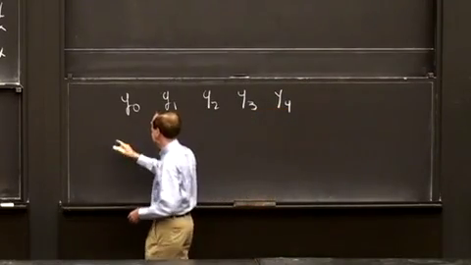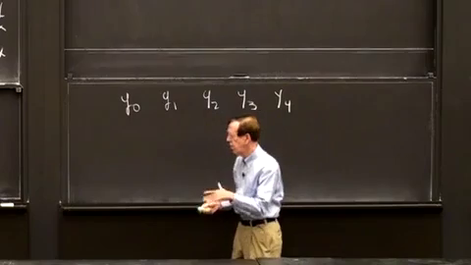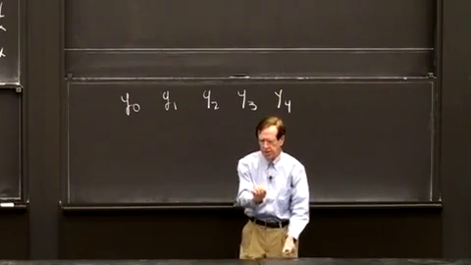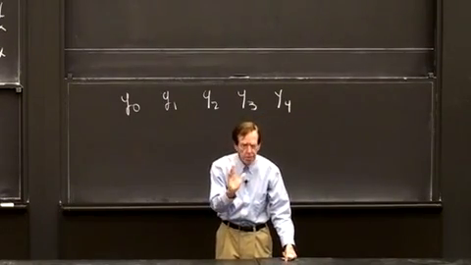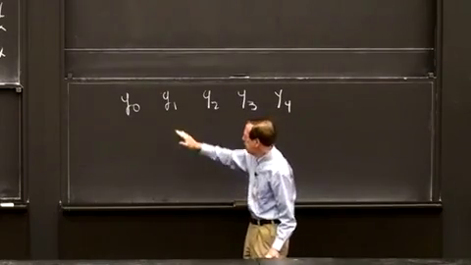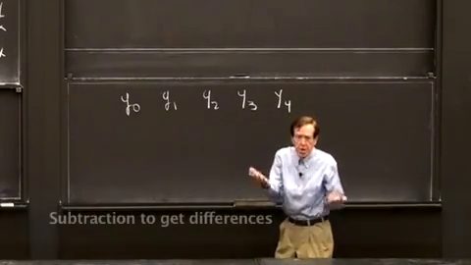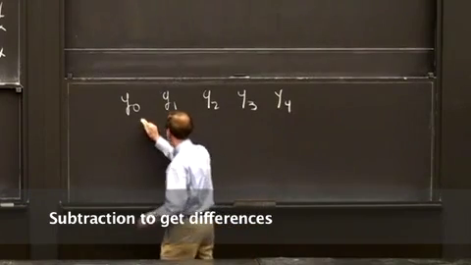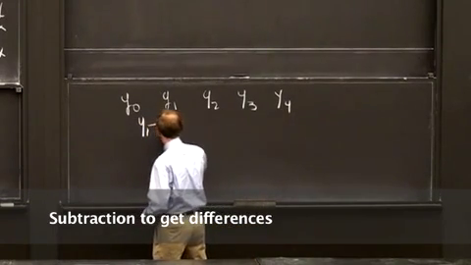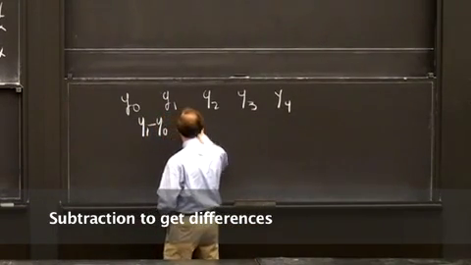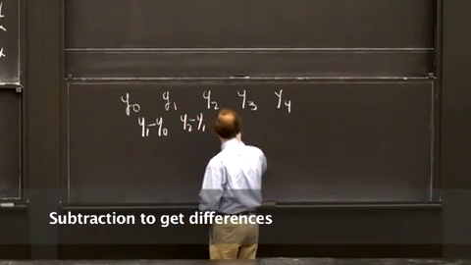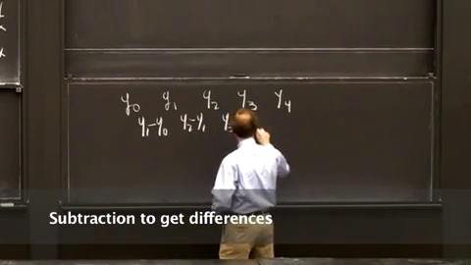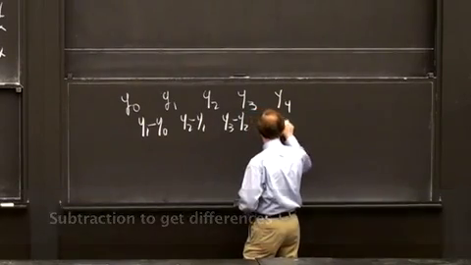So those are the y's. Now what are the slopes between them if the step across is 1? So what are the steps upward? What are the delta y's? Well, y1 minus y0, y2 minus y1, y3 minus y2, y4 minus y3.